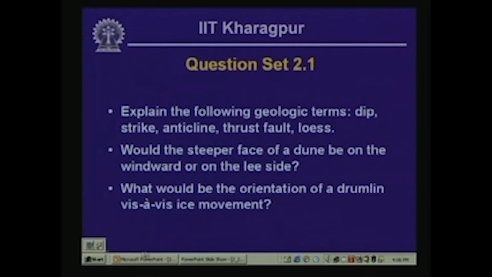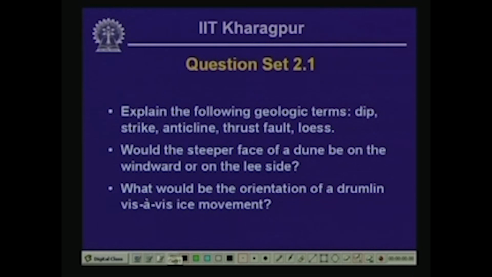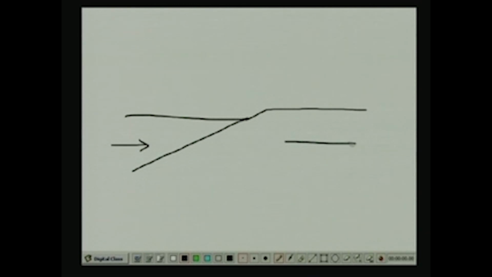thrust fault, what we mean by thrust fault is, say you have got a fault which is essentially a shallow angle fault, and we subject these two blocks to a compressive load like that.